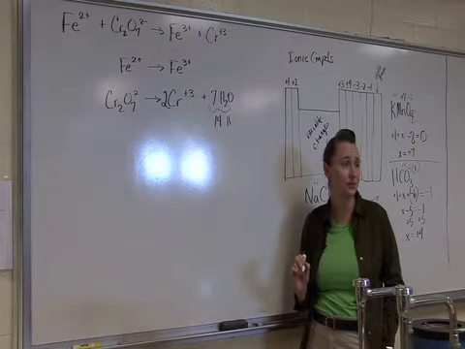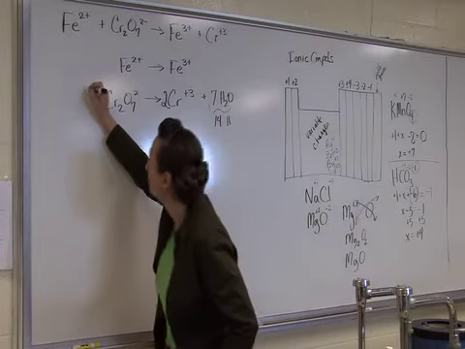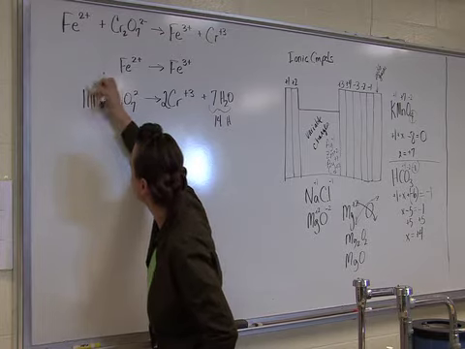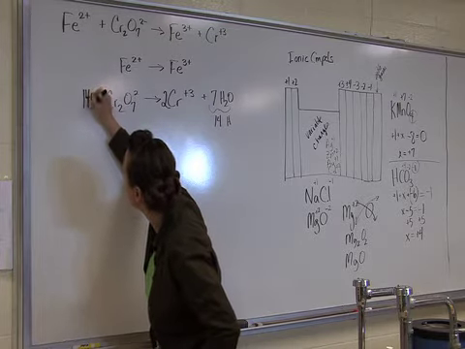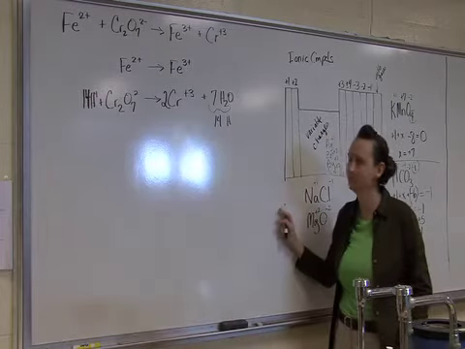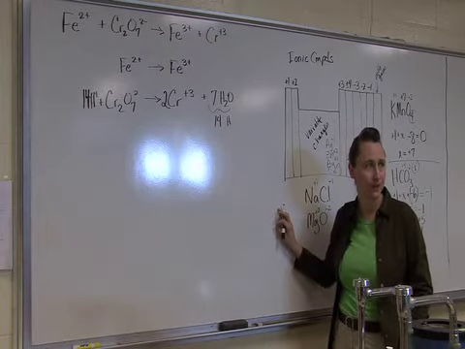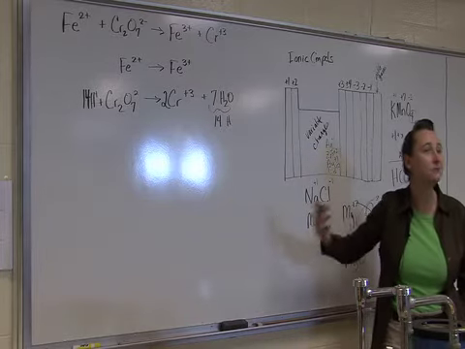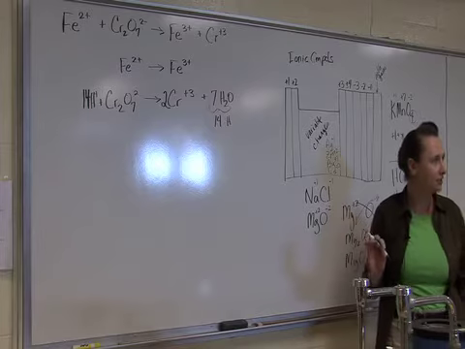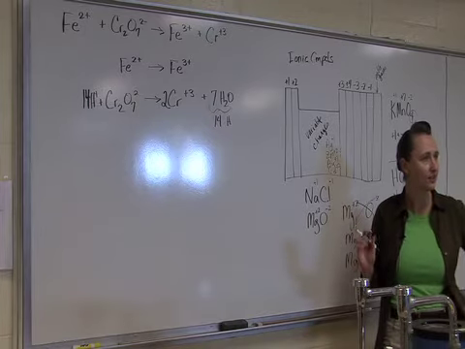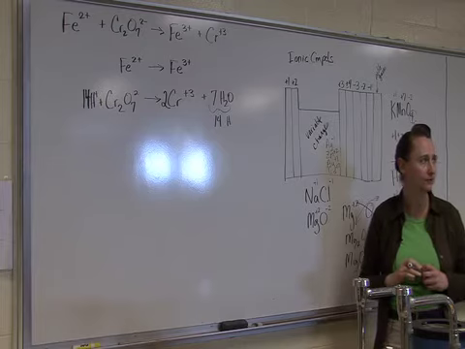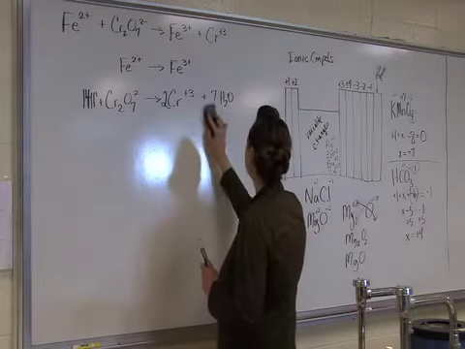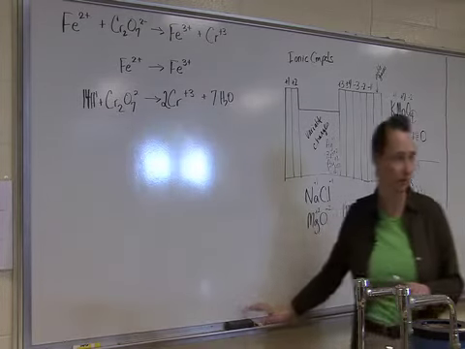The way I balance those hydrogens is to add 14 H+ over here. I do caution you to be careful. Oxygen might be in multiple places. Hydrogen could be in multiple places, so you have to take the total into account. All right. So now all of my atoms are balanced.